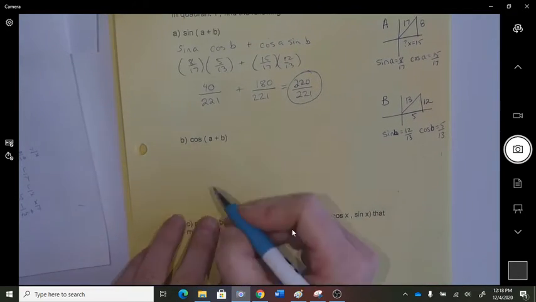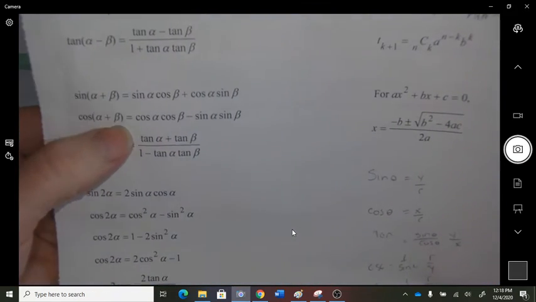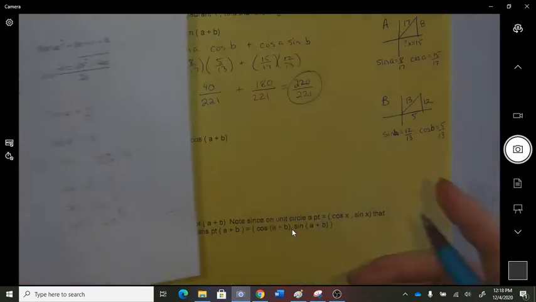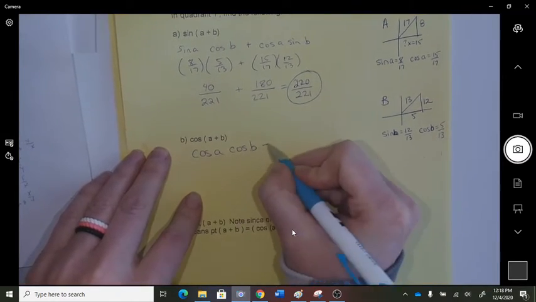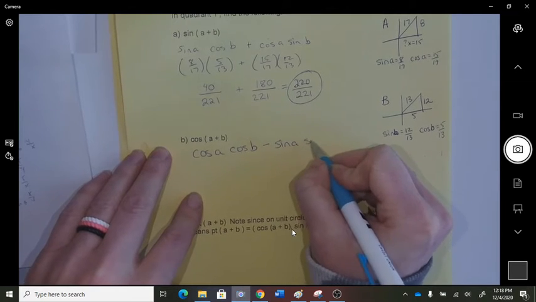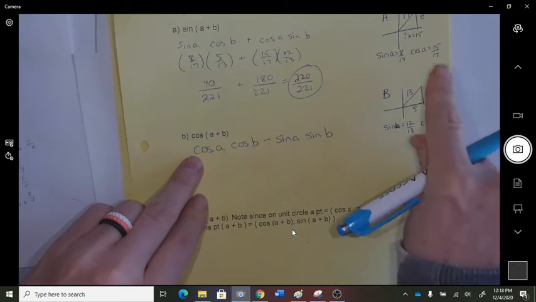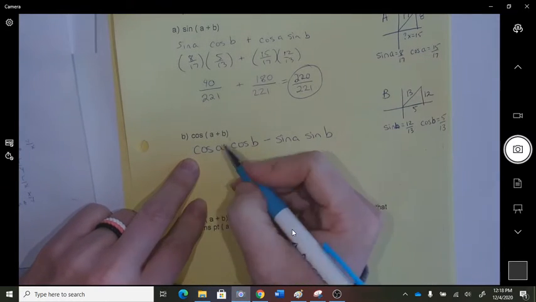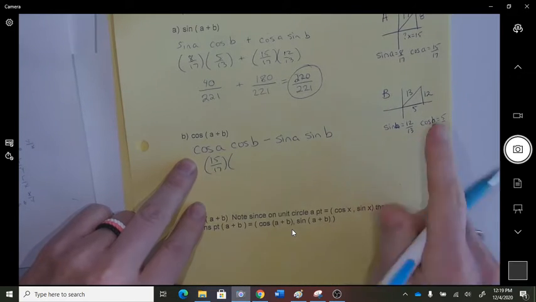Cos A plus B, so the formula sheet, it's right here. So you're going to do cos cos minus sine sine. Okay, so cos of A, I've written it here, 15 over 17. Cos of B, 5 over 13.